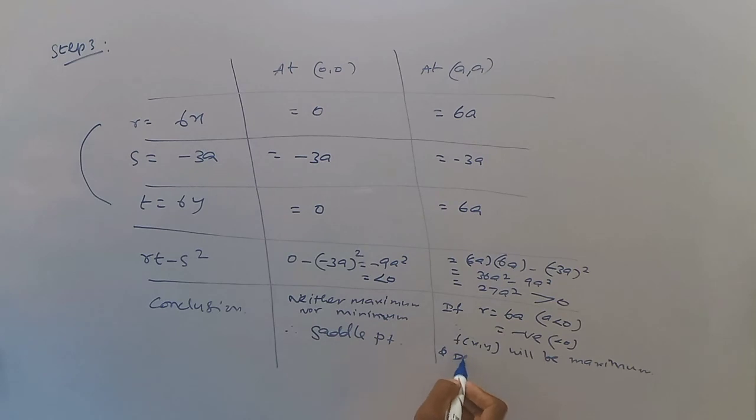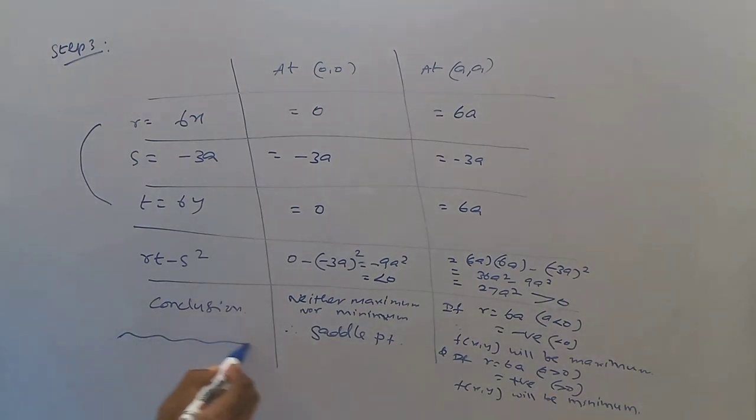And if r equal to 6a for a greater than 0, if a is positive, positive into positive is positive, so greater than 0. If r is greater than 0, f of x comma y will be minimum.